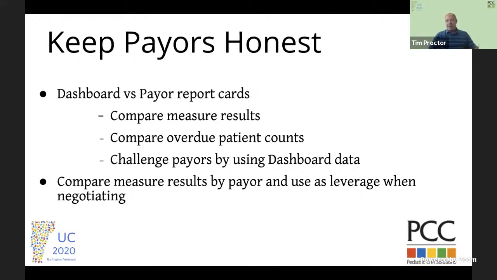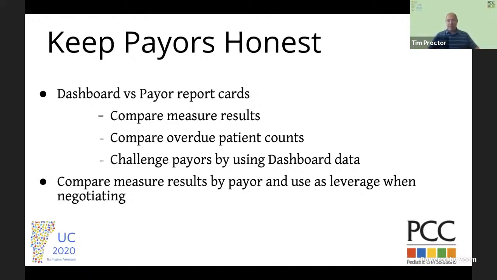Use this data as leverage when you're negotiating. So if you're working with payers on a contract or negotiating a contract or trying to renew a contract, it'll be good for you to have this data and really know how you're doing for their patient population, and report to them and show them.